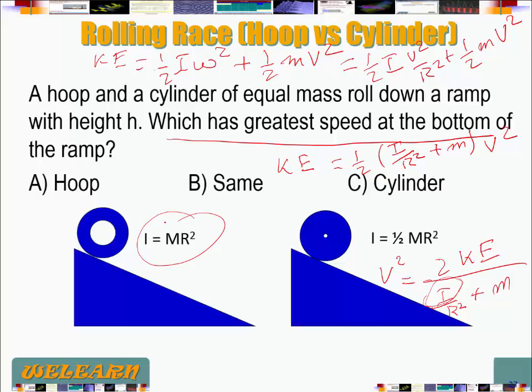The hoop. So since it has the larger I, it's going to have the lesser velocity, so it has the lowest speed at the bottom. So the winner in this case is the cylinder.